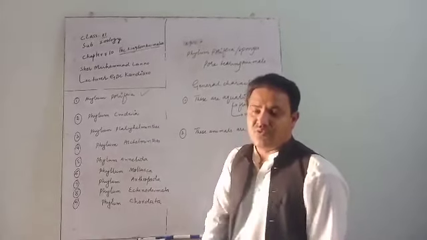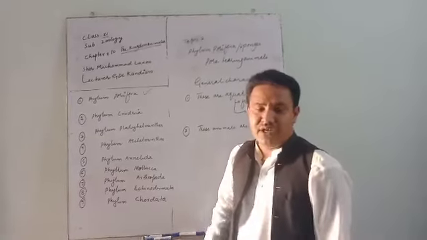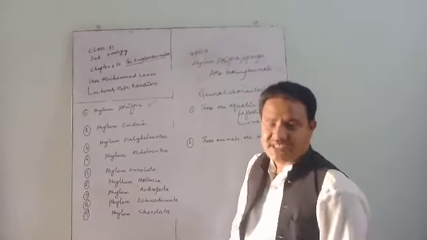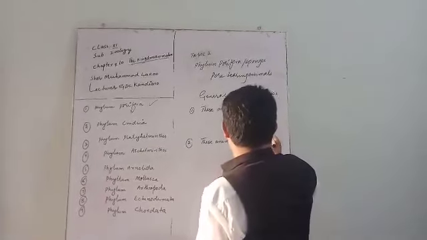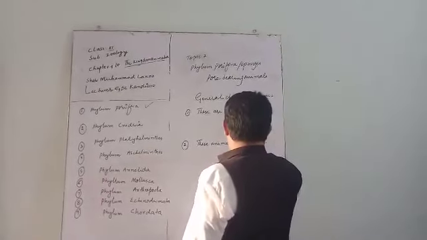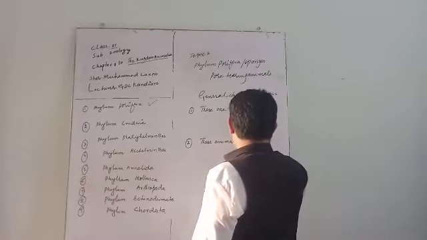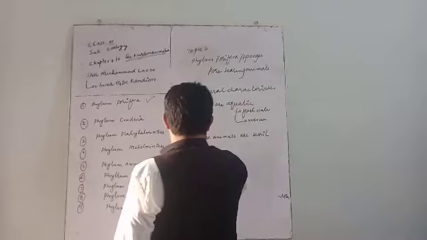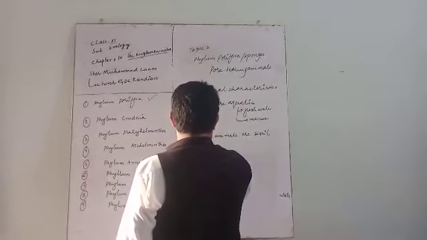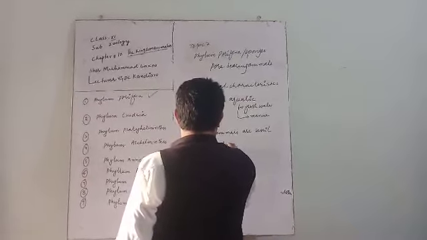They cannot move, means immovable animals. They are called sessile. They have no symmetry. No symmetry means these are asymmetrical animals.